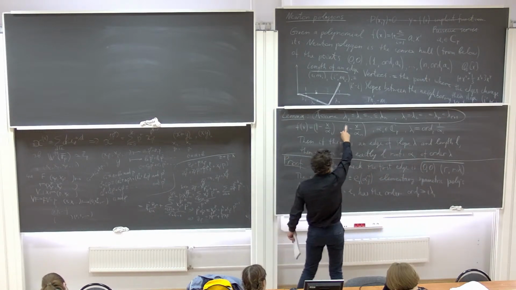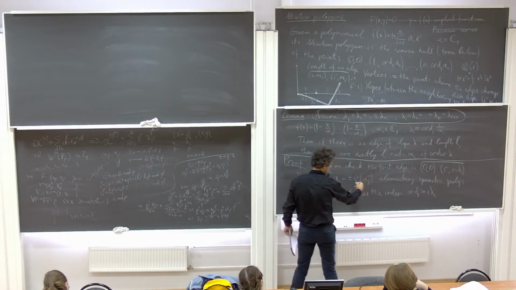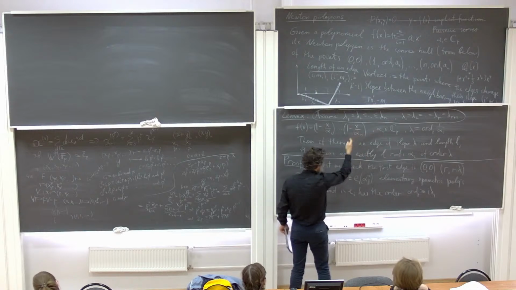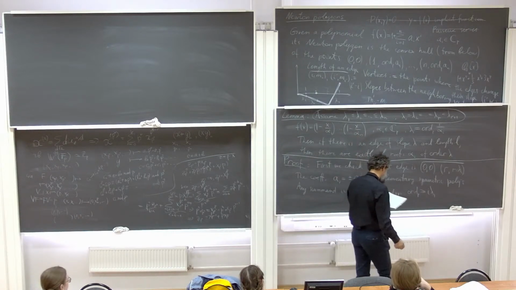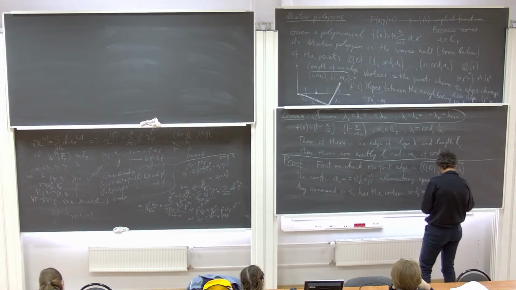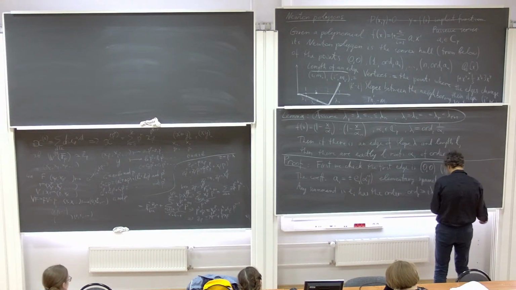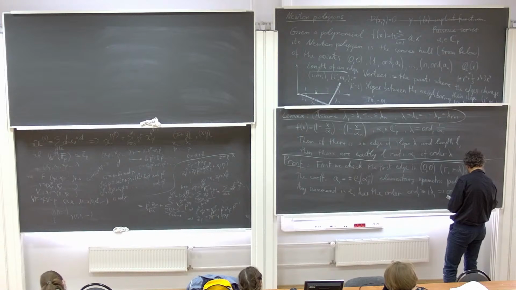Because they are all ordered, and you just take the products of i elements here. And hence, by the triangle inequality, the order of the coefficient A_i is at least i times lambda 1.